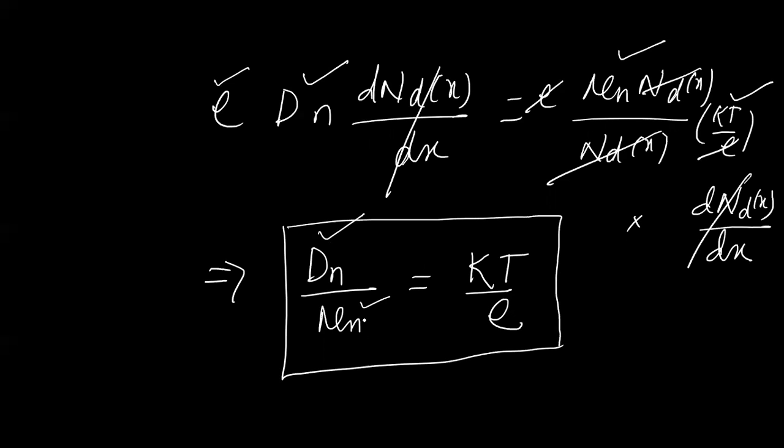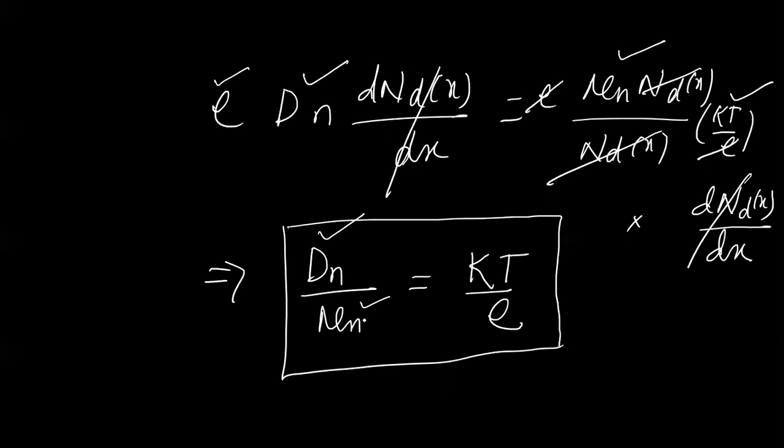At any temperature, if the semiconductor is non-uniformly doped, or there is a graded impurity distribution, diffusion and drift will occur in such a way that the current density will be zero, because there is no external excitation given to the semiconductor.